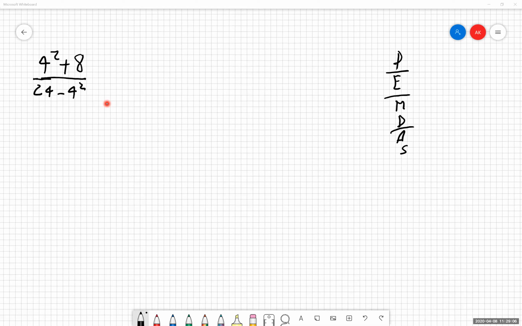Essentially what it means is we're going to start putting in parentheses. So we're going to rewrite this into one of two forms. My recommendation is rewrite this thing into either this form here, where the numerator has parentheses and the denominator has parentheses, and then we can follow PEMDAS.